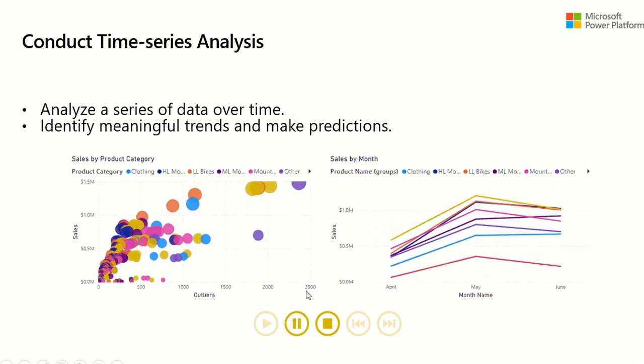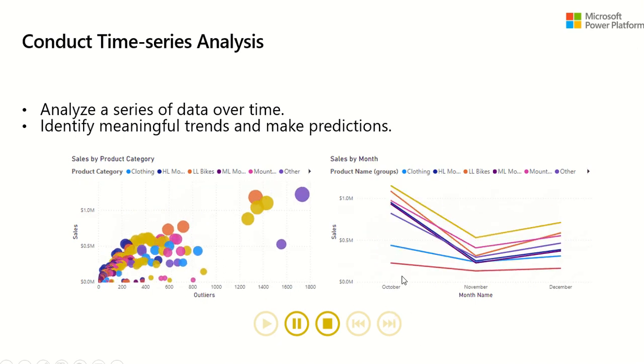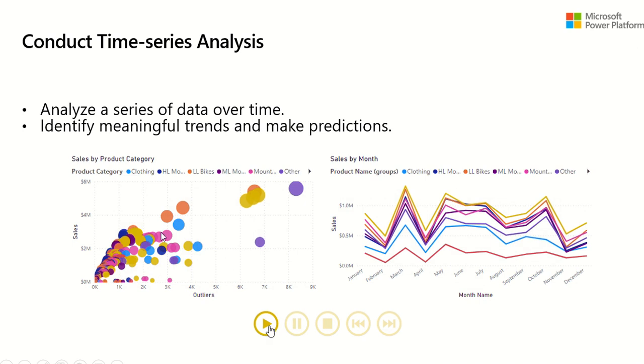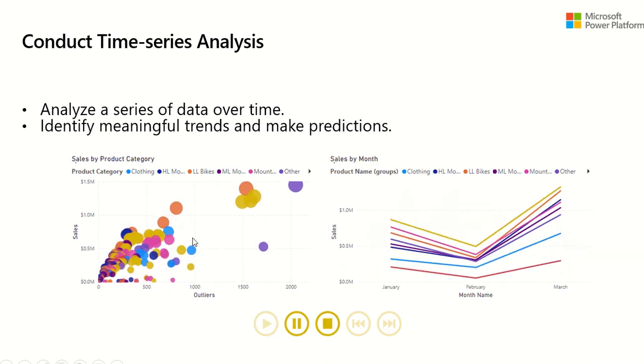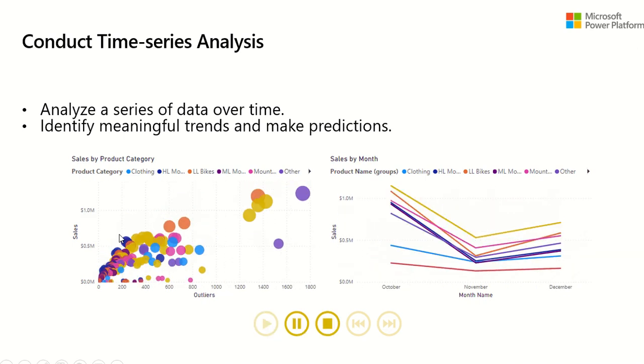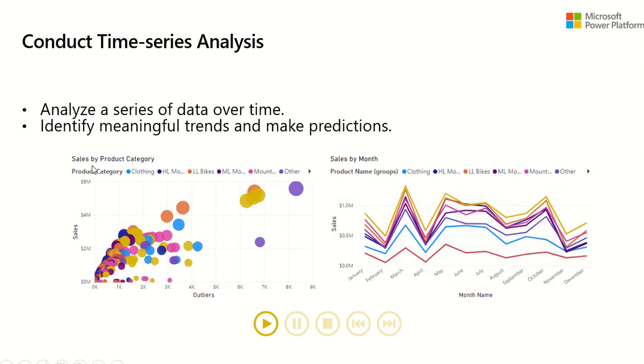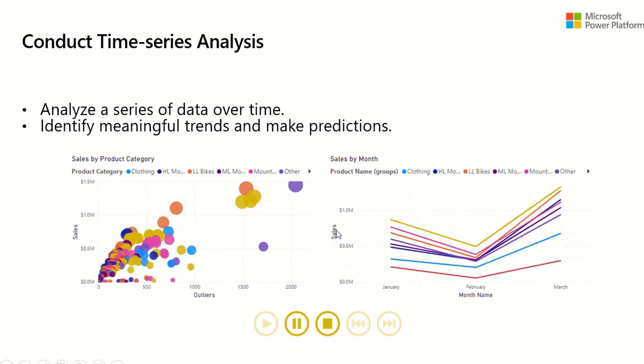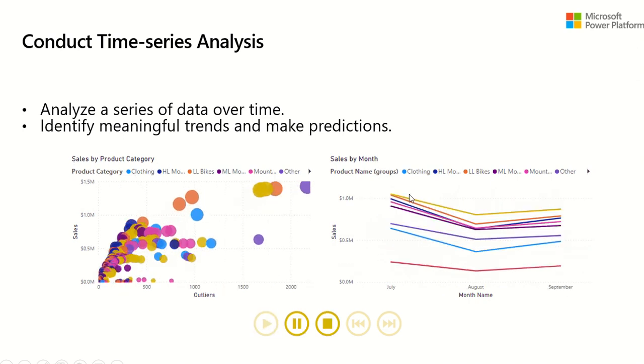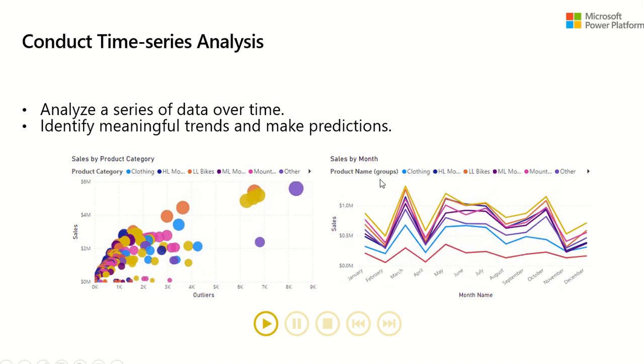So we can use this to describe, or to tell a story around this sales by product category visualization and the sales by month visualization. Automatically on its own, it will be changing.